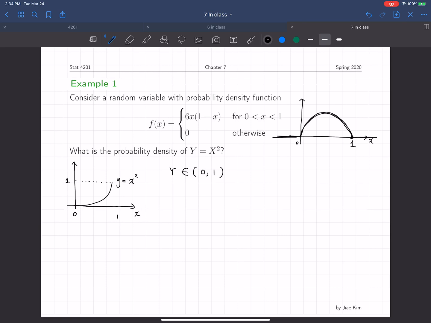In other words, Y will take positive probability over the interval 0 to 1, the unit interval. Outside of 0 to 1, Y doesn't have any positive probability. Remember the strategy of getting the CDF?